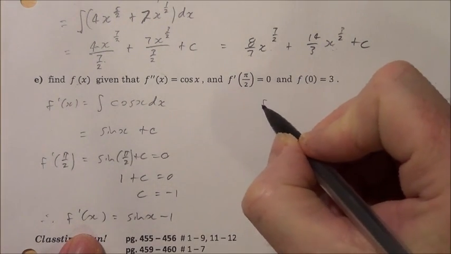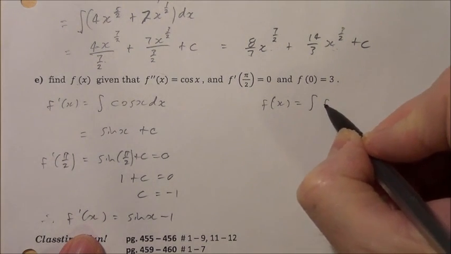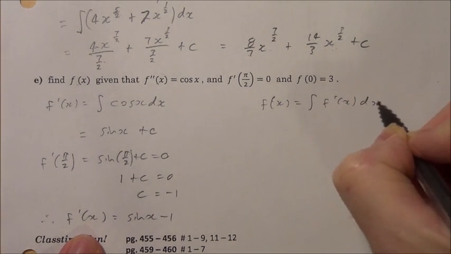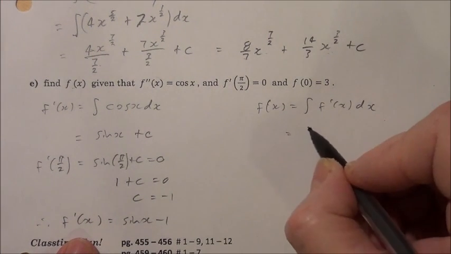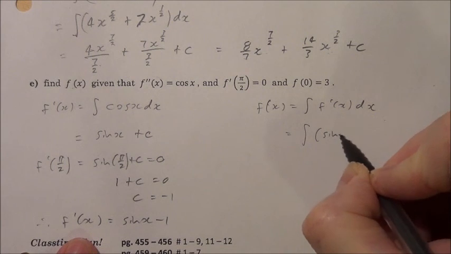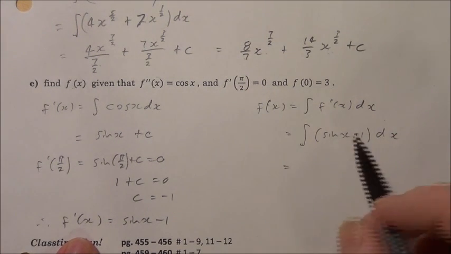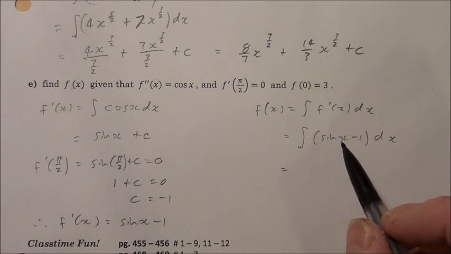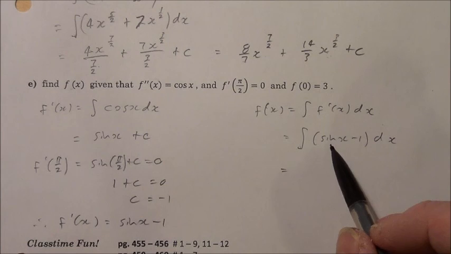So we're going to say f of x equals the integral of f prime of x dx, and that f prime of x is sine x minus 1. And so then of course you ask yourself, well, what do you take the derivative of to get positive sine x?